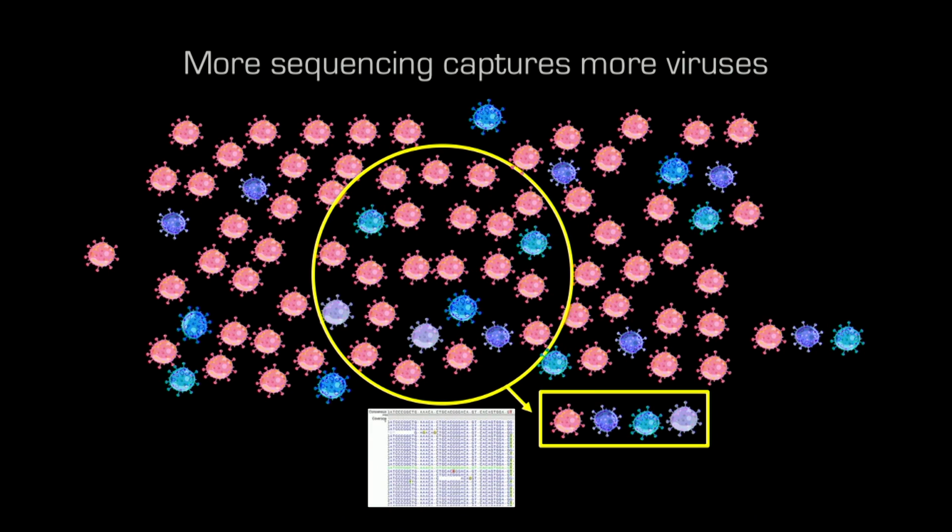The reason why this is important is to recall our fundamental hypothesis here, which is that this viral population has all of the mutations contained within it to better adapt to new environmental conditions.